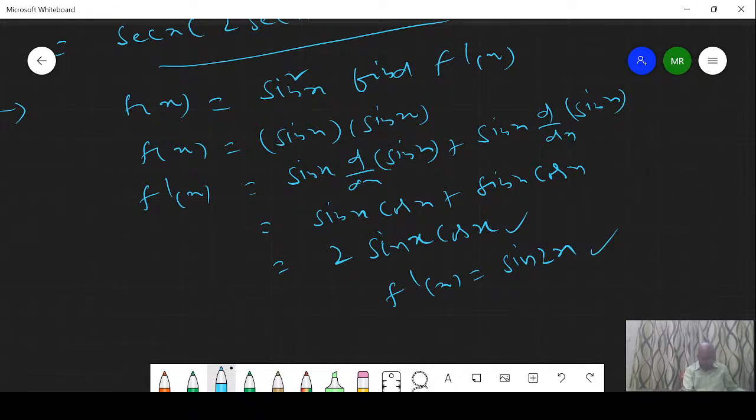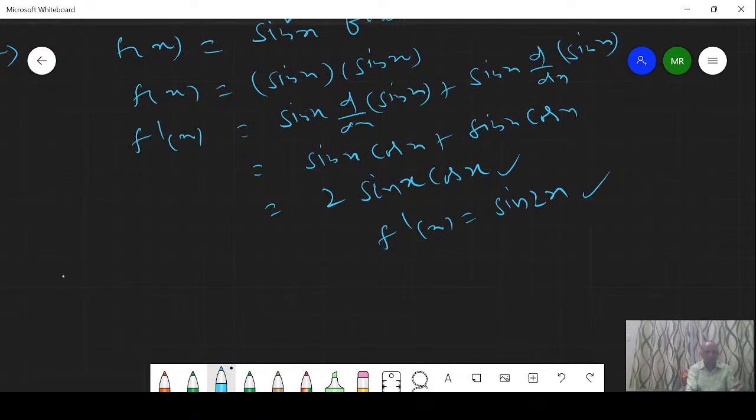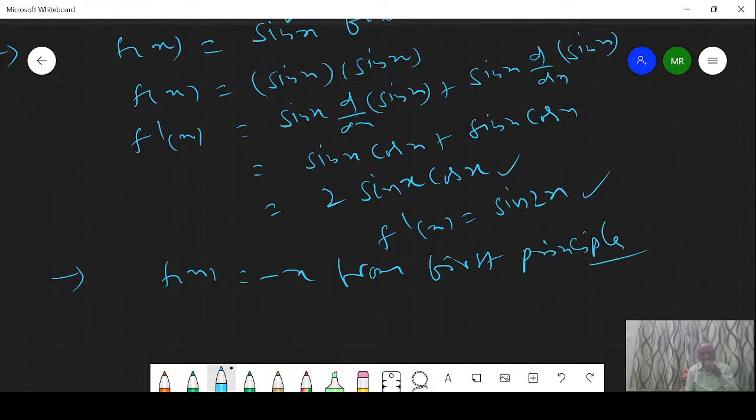So the next problem. Find the derivative of f of x equal to minus x from first principle.